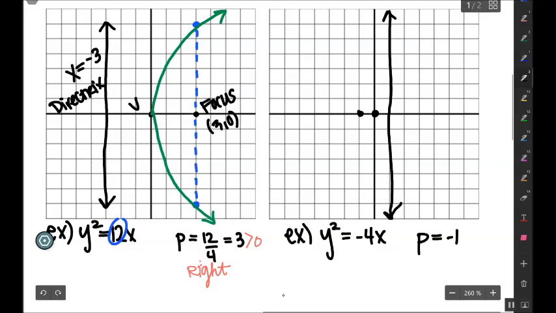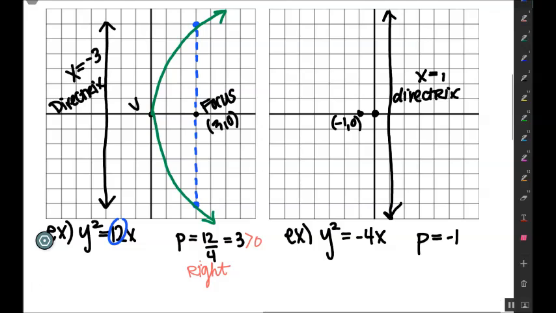Okay, so our directrix is the equation x equals 1, and then our focus is -1, 0. Our focal width is 4, which is the absolute value of -4. Cut it in half. So the whole thing is 4, but we go 2 in each direction, and there she is.